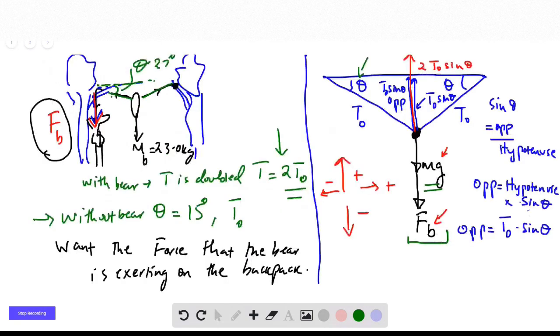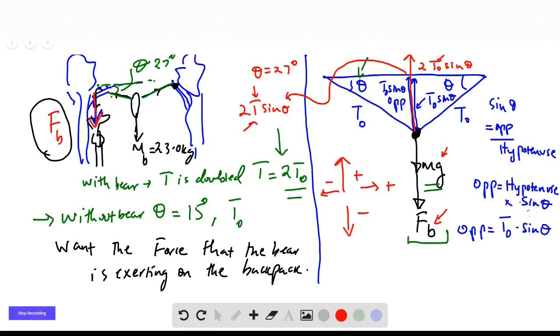All we're saying is that now this tension has been replaced by twice T sine theta, where T creates an angle theta equivalent to 27 degrees. And so this T is different from T naught.